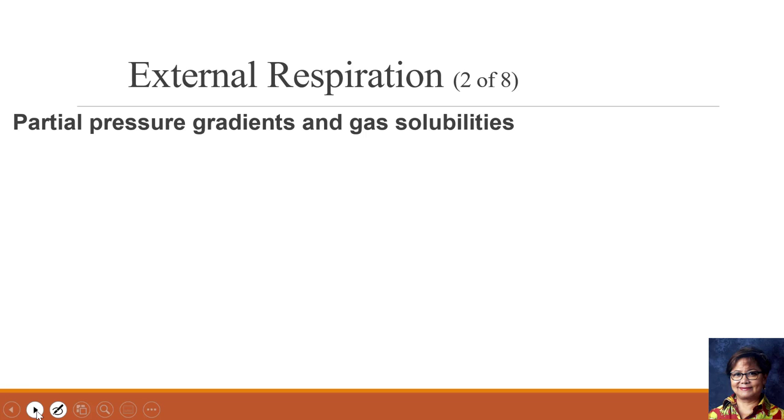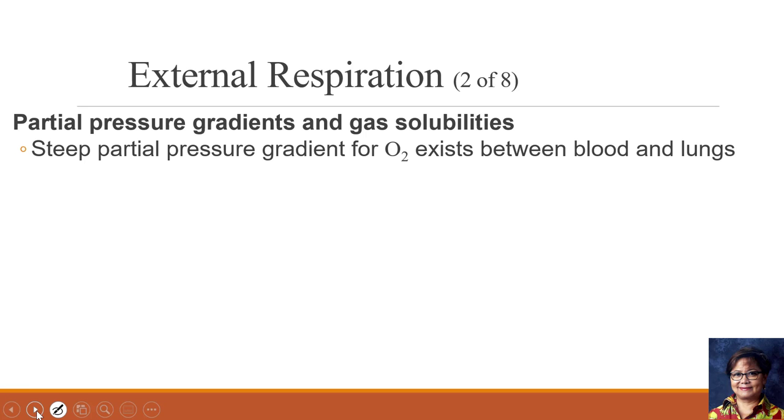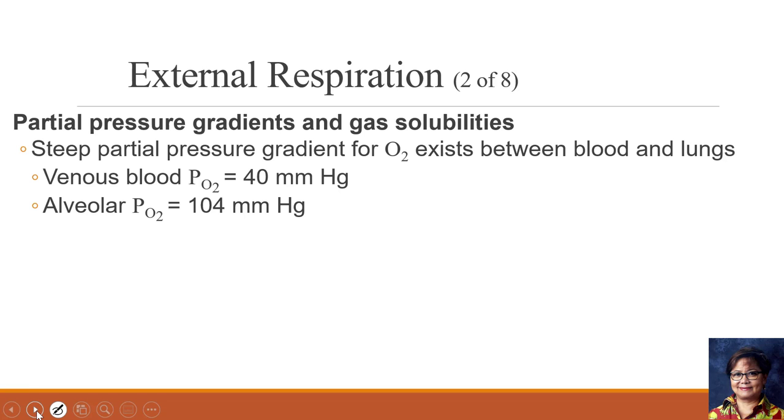So the partial pressure gradient and gas solubilities tells us that a steep partial pressure gradient for oxygen would exist between the blood and the lungs. In the venous blood, the partial pressure of oxygen is 40 millimeters of mercury. In the alveolus, the partial pressure of oxygen is 104, and that is steep.